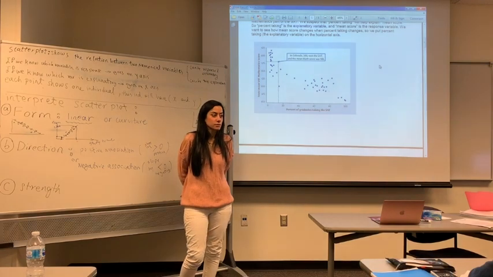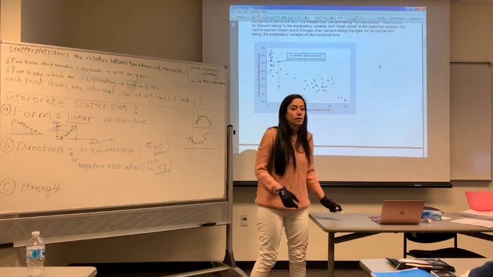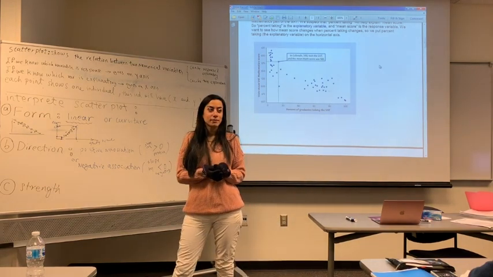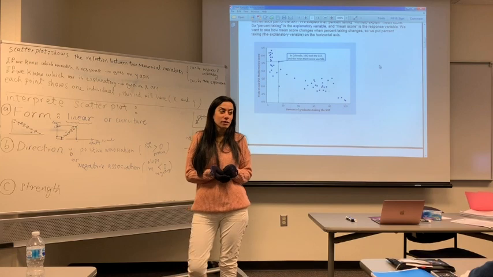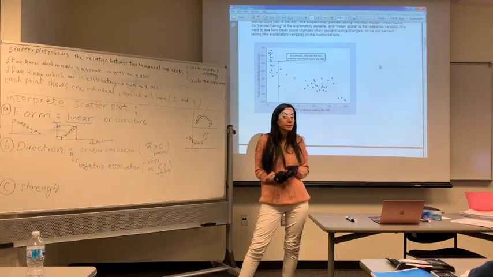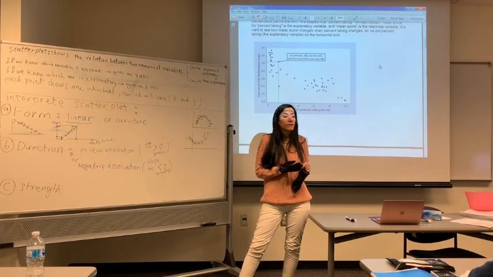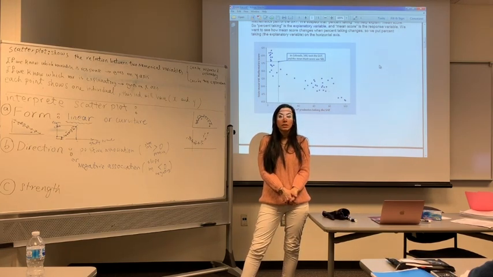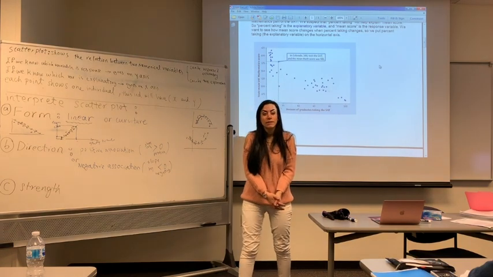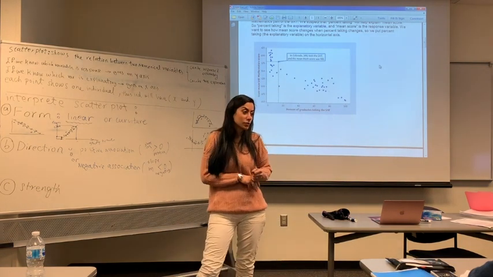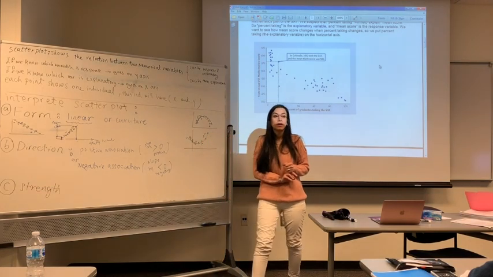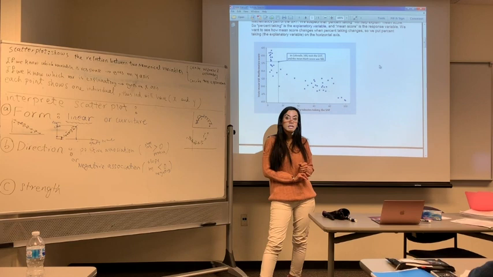So as you see, if the study time increases, exam score will increase, right? If the study time decreases, exam score will decrease. So this is the definition of positive association. One variable increases, the other variable also increases.